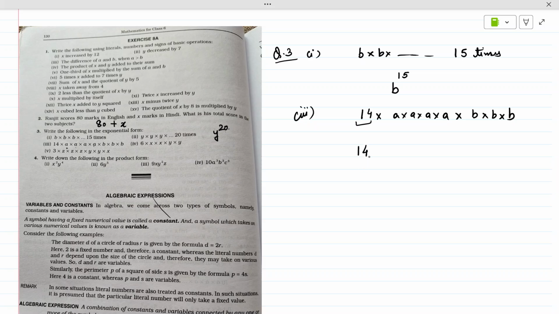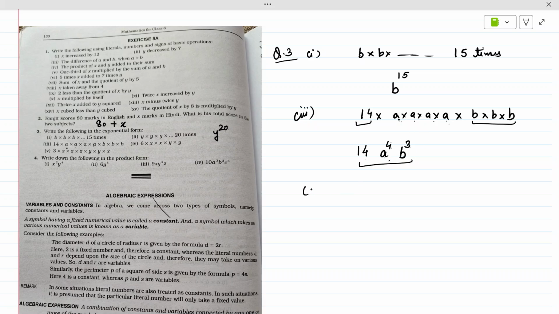I'm writing 14, and now this a is 1, 2, 3, 4. So the base is a, exponent is 4, a raised to the power 4, because base is a here and we are writing this 4 times. And then we have b. So base is b, and how many times? 3 times. 1, 2, 3. So this becomes 14, a raised to the power 4, b raised to the power 3. This is our algebraic expression.